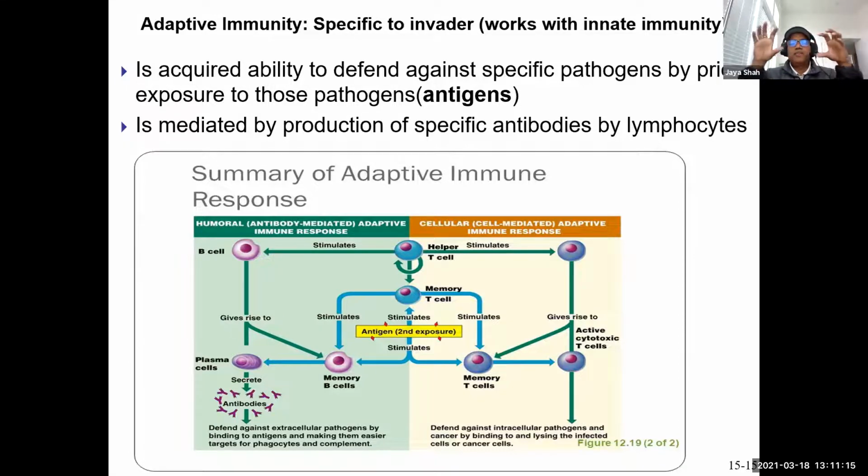And then helper T cells help B cells and T cells do their job, which I just explained here. This is the summary. For now, you have to know what a B cell does, what a plasma cell does, what a memory B cell does, what a memory T cell does, and what a cytotoxic T cell does.